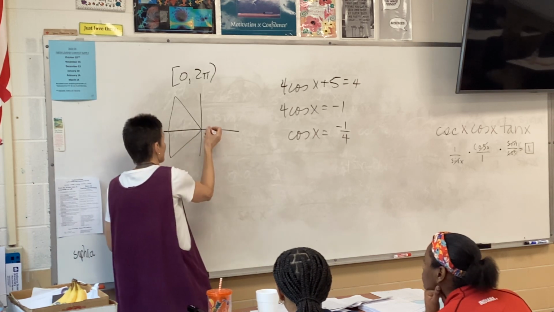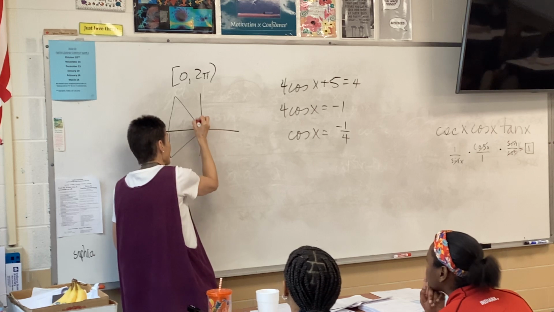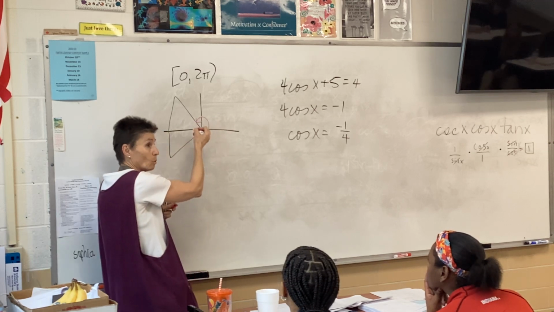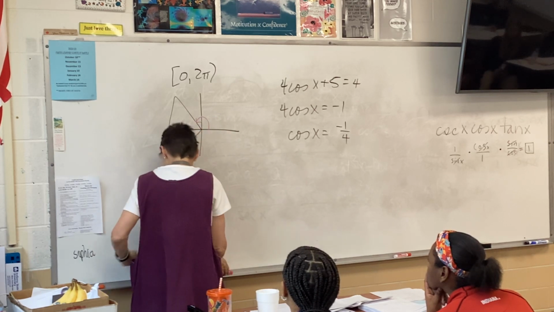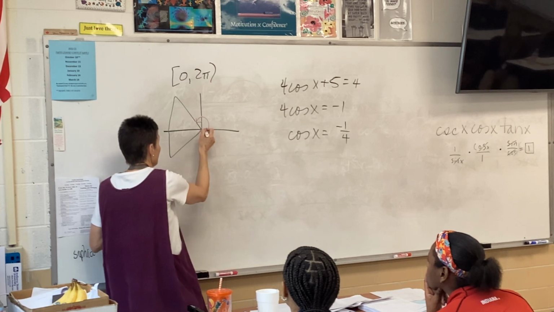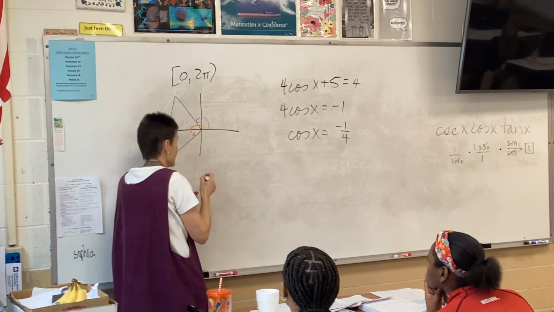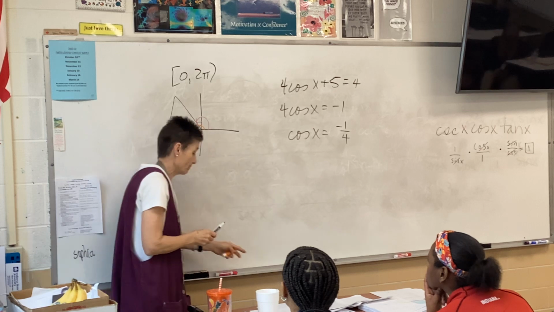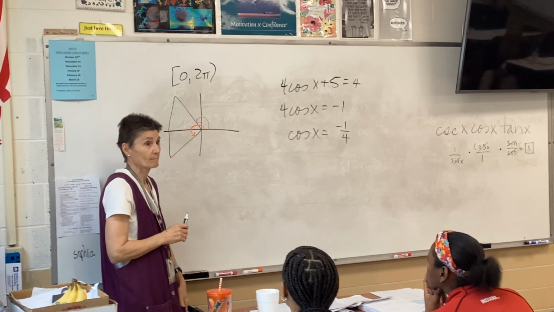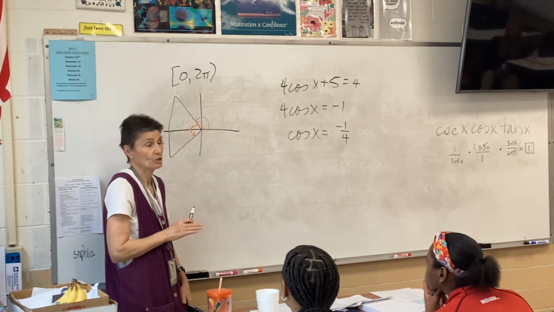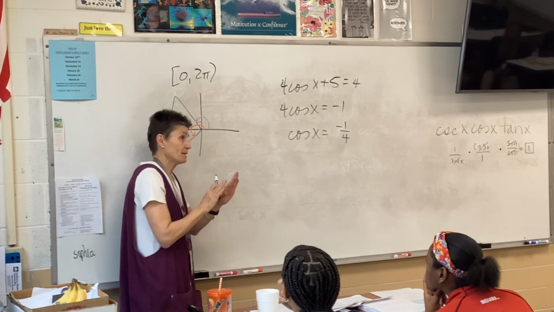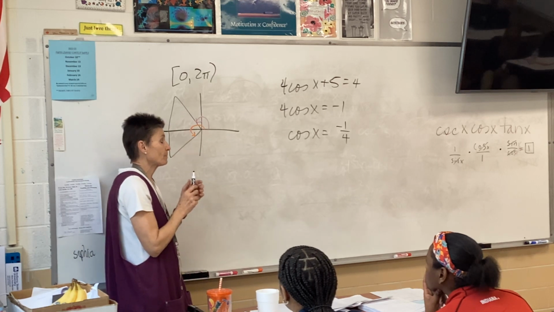And the answers are going to be the pink angle, which will be the second quadrant angle, and the orange angle, which will be the third quadrant angle. Everybody on board with that? Those are going to be the answers to the question. Now, let's just pause for a second.